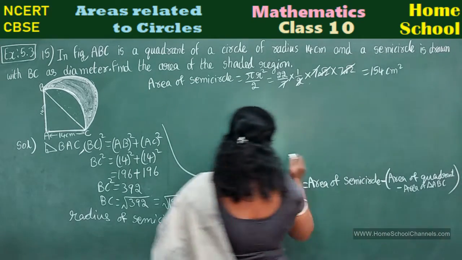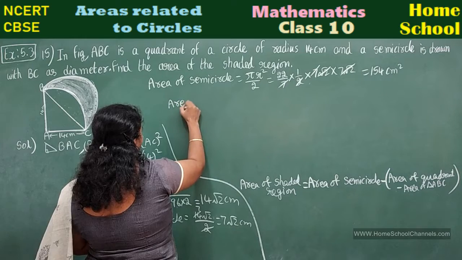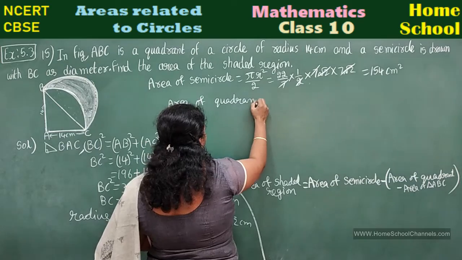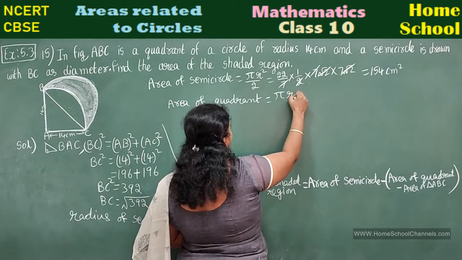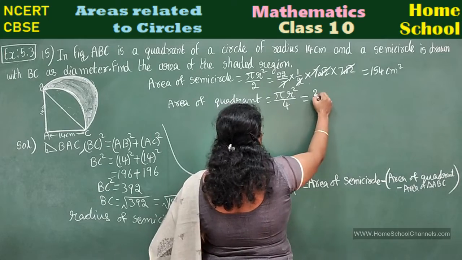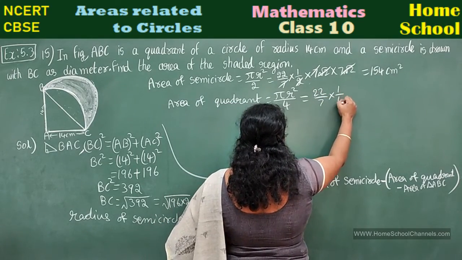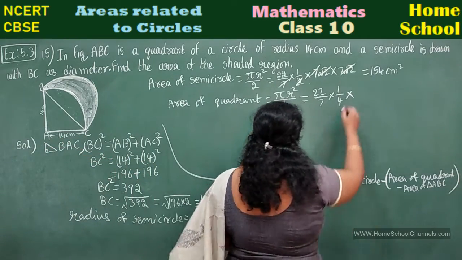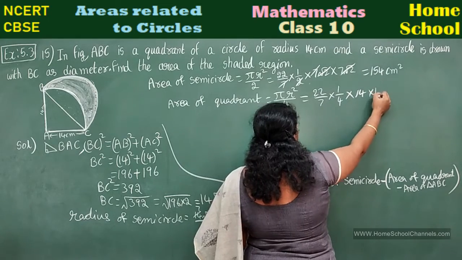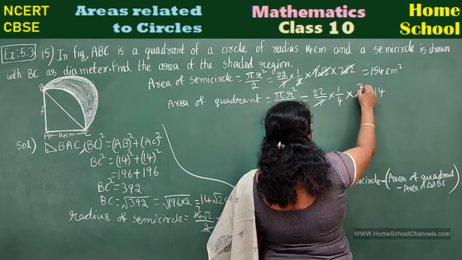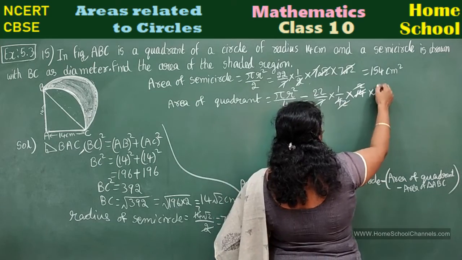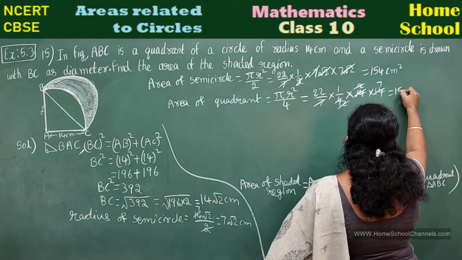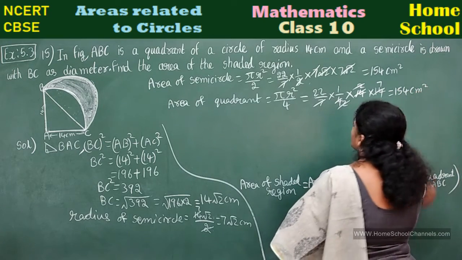Now next, coming to the area of the quadrant. The quadrant formula is pi r square by 4. Pi value is 22 by 7 into 1 by 4. The quadrant radius is different. That r is how much? 14. 14 into 14. 7 2s are 14, 2 2s are 4, and again 2 7s are 14. 7 into 22 will be 154 centimeter square.